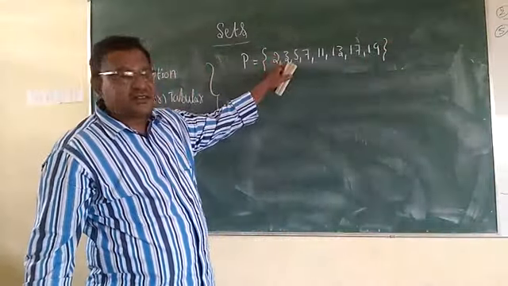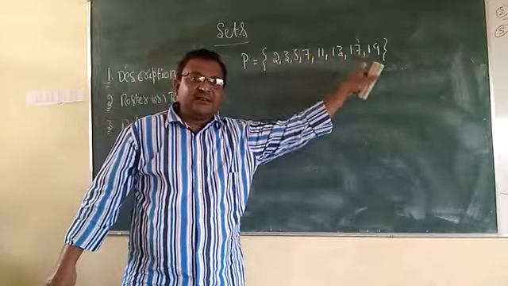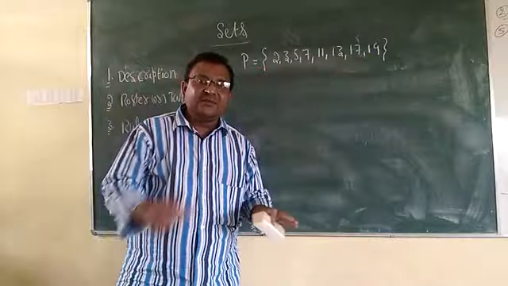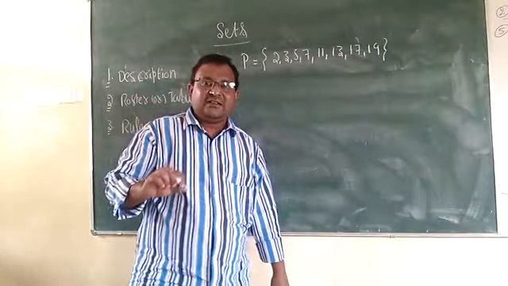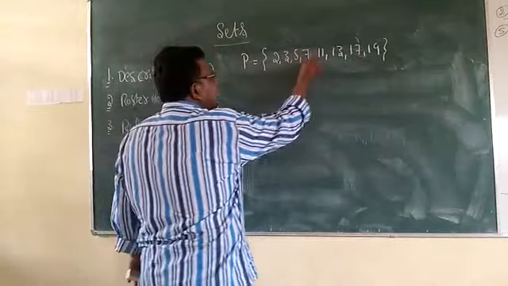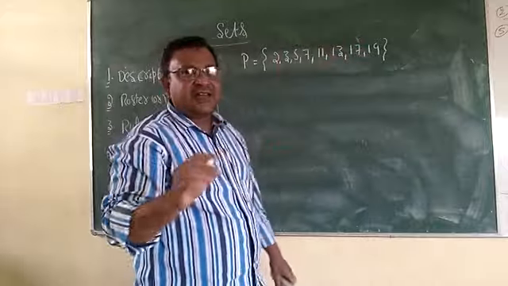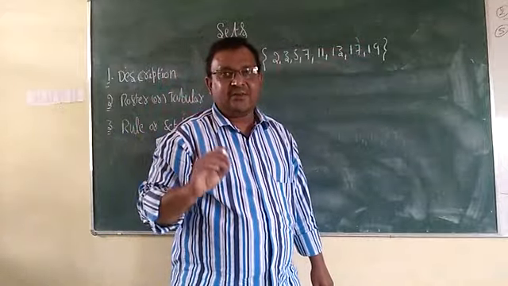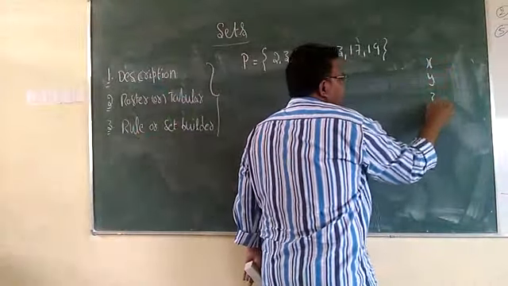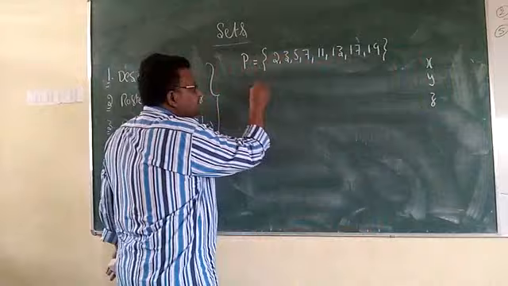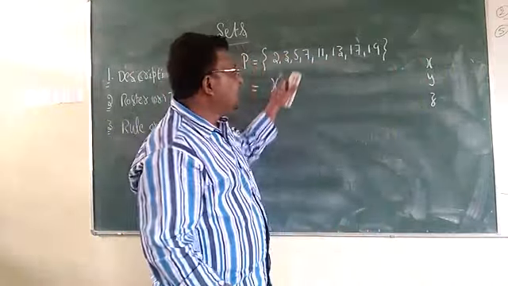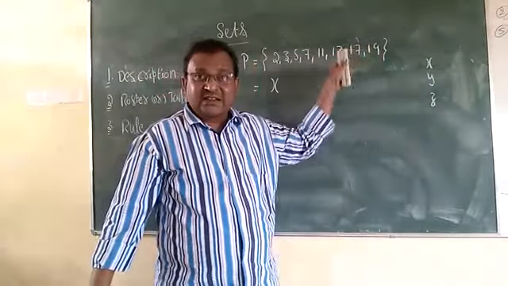Now, for this, all the elements are listed. Without writing all the elements, if you represent the set by using just one sentence, that is called set builder form. That means assume any element in that set as some unknown variable, as x, as y, as z, whatsoever. I took x. x is an element in this set.